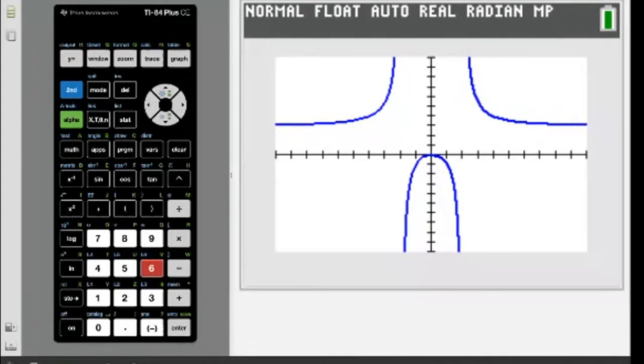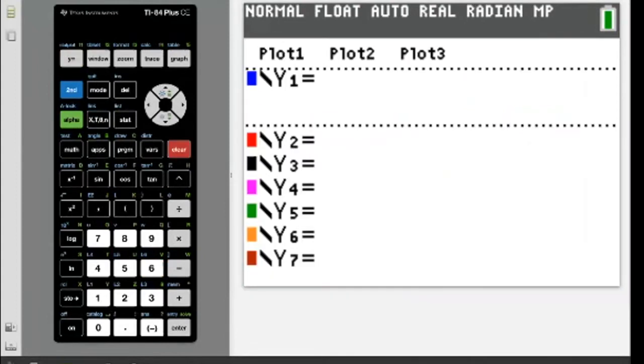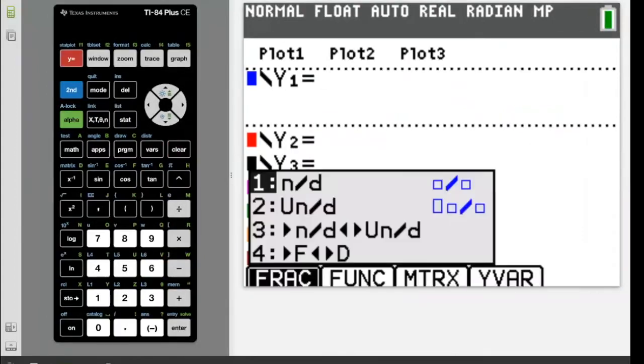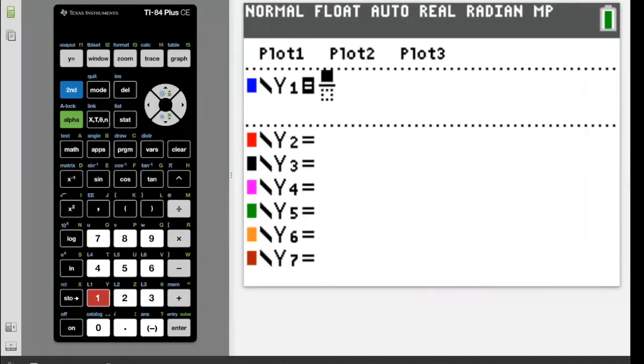Okay, now if I stop sharing, let's go back to the graphing calculator again. Obviously this is a different function. Let's clear that out and put in the new one. What was this? 2x minus 1, over 2x squared minus x minus 1.